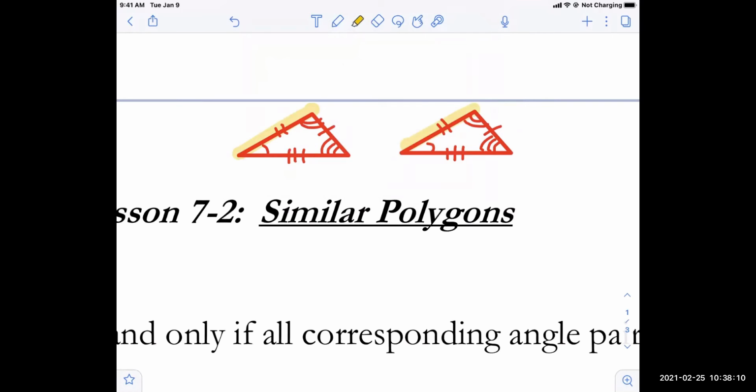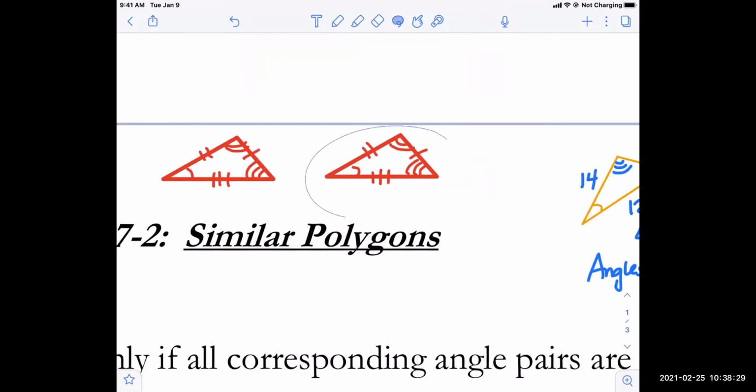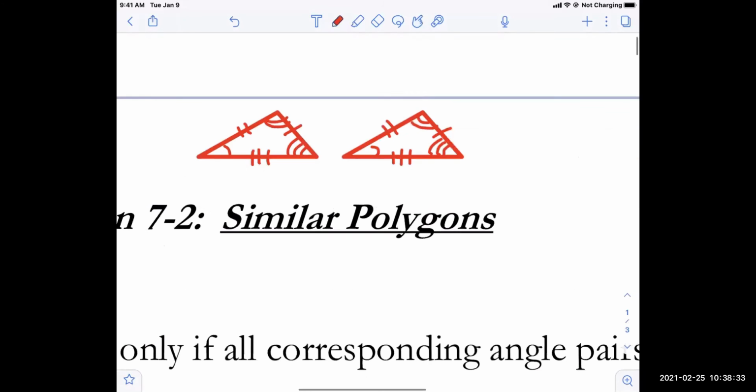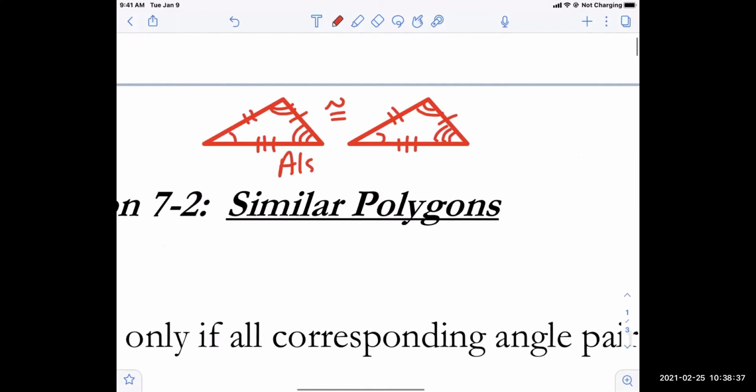It's 1 to 1, right? What would this ratio be? 1 to 1. What's this ratio? 1 to 1. So they're similar because they have all the same angle measures, and their side lengths are also proportional. So these are congruent, and they are also similar.